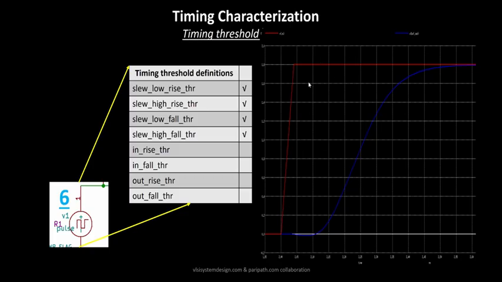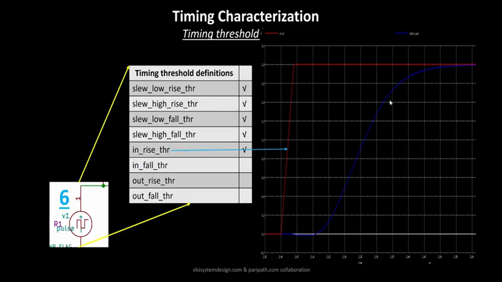So this is your input waveform, which is an ideal waveform, because this is the thing that we are applying, and this is the output of the buffer. Now let's look into the other definitions. In rise threshold. Similarly to the thresholds for the slew, you also have thresholds for your delays. For example, if you want to calculate the delay of this particular cell, that particular inverter, you need some points to calculate the delay.